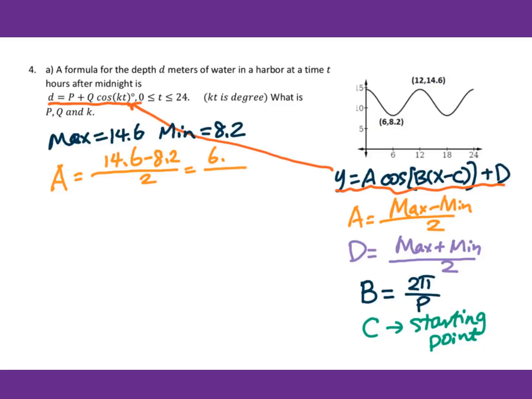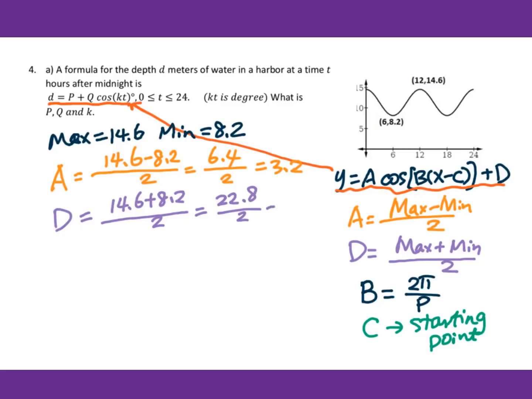You will get 6.4 over 2. That's 3.2. And for midline, D equals 14.6 plus 8.2 over 2. You got 22.8 over 2. That is 11.4.